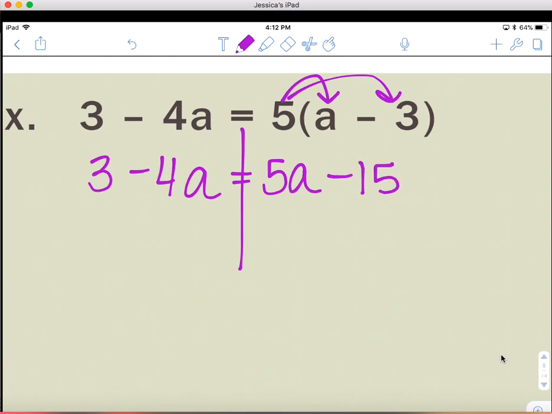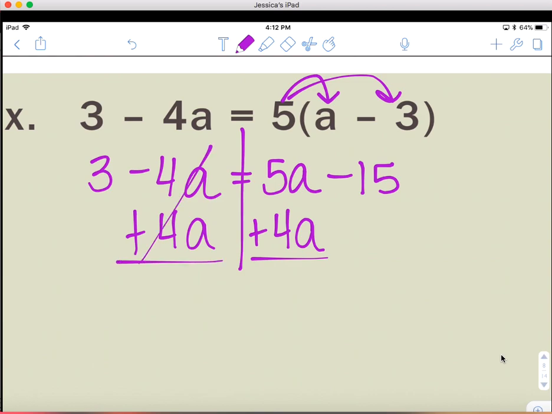Now I need to take care of my variables on both sides. I have negative 4a on the left, I have 5a on the right. I would personally move the negative 4a. So the opposite of subtracting 4a is to add 4a on both sides. When you do that, they cancel on the left, and you're left with 3.